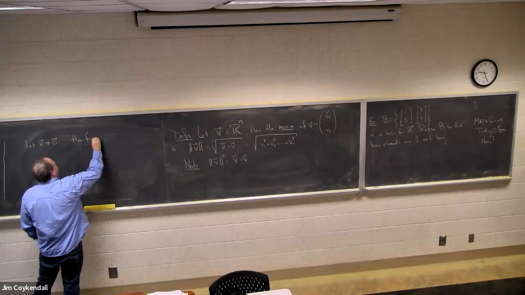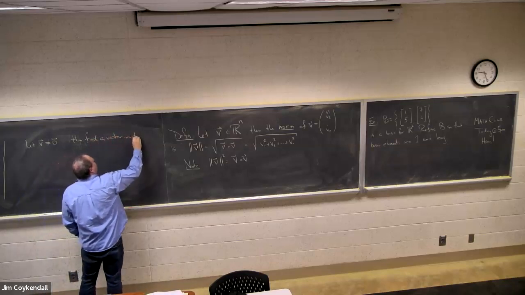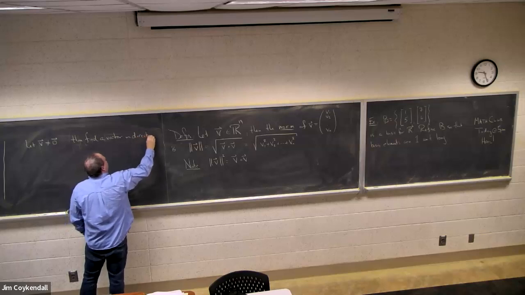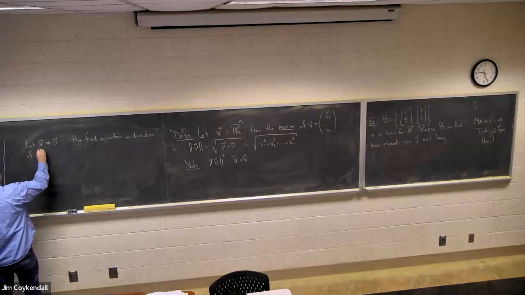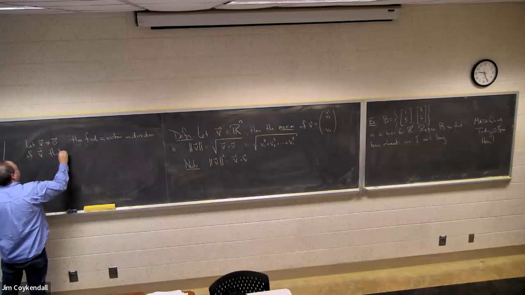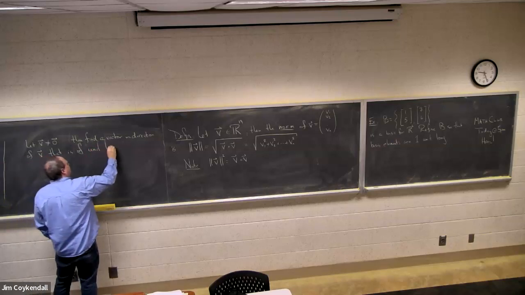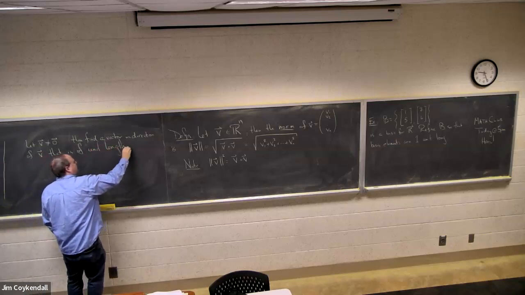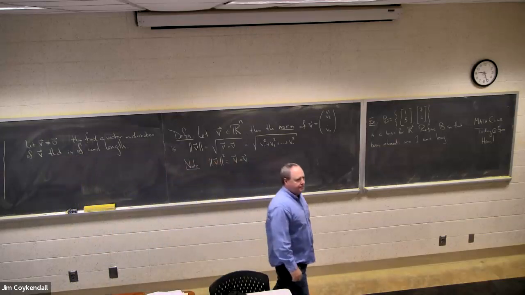Then find a vector in the direction of V that is of unit length. And by unit length, I mean 1. How do we do that?